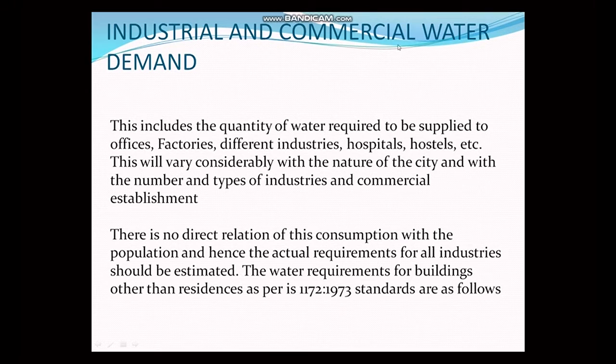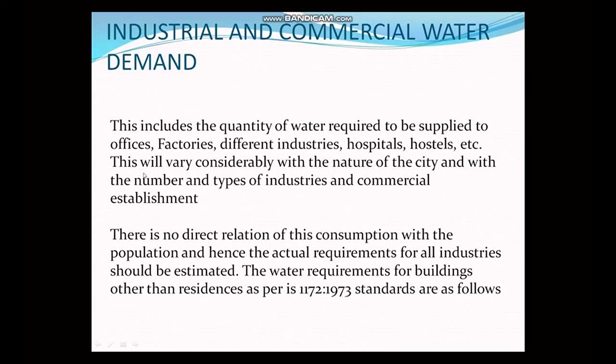Let us have a look at the water demand required for industrial and commercial purposes, and this includes the quantity of water required to be supplied to the offices, factories, different industries, hospitals, hostels, etc. These kinds of buildings can be categorized under industrial and commercial purposes.